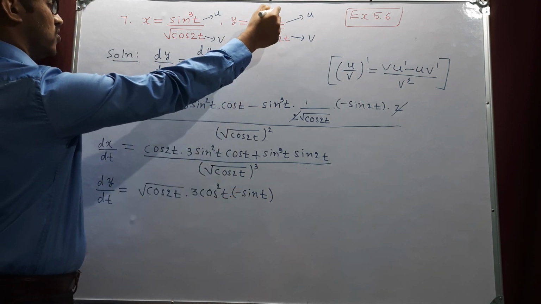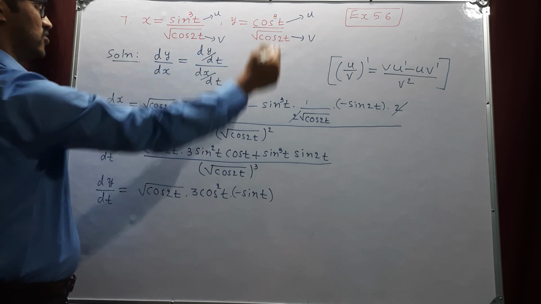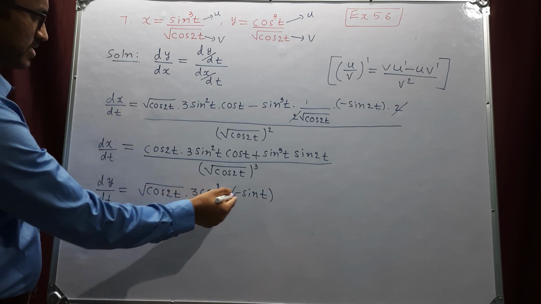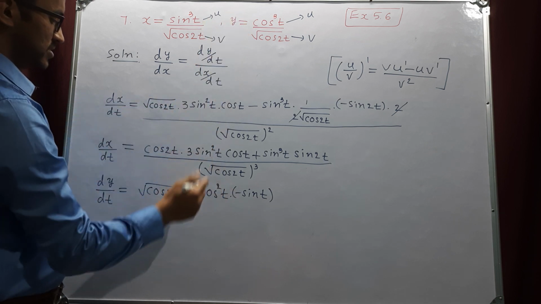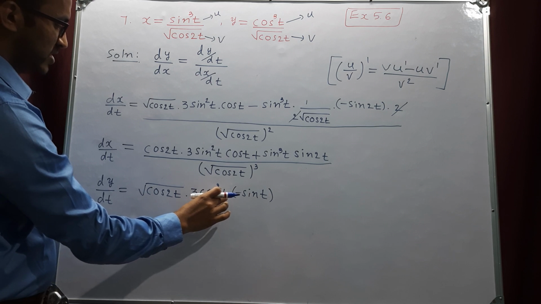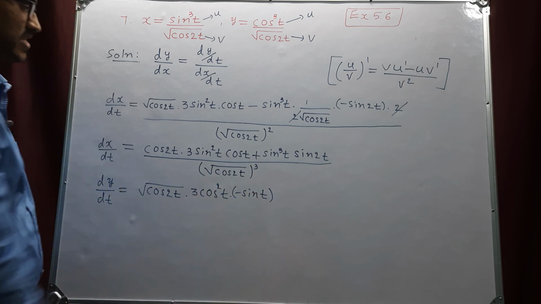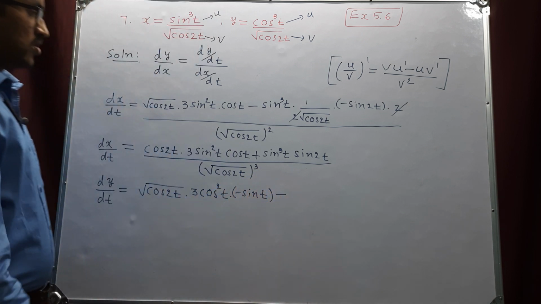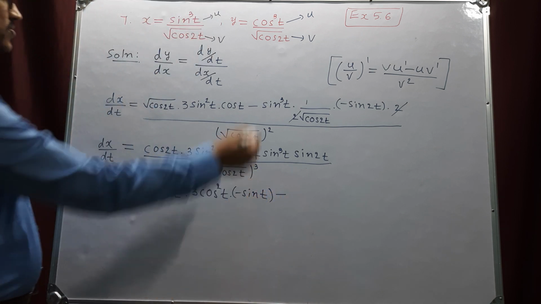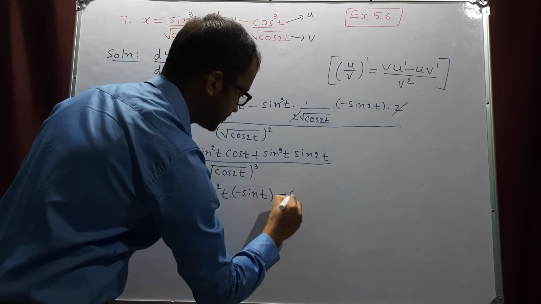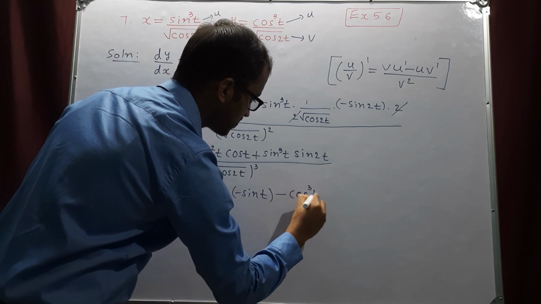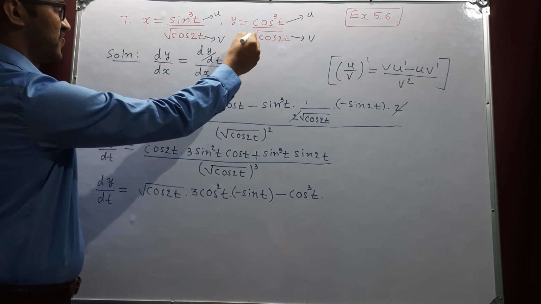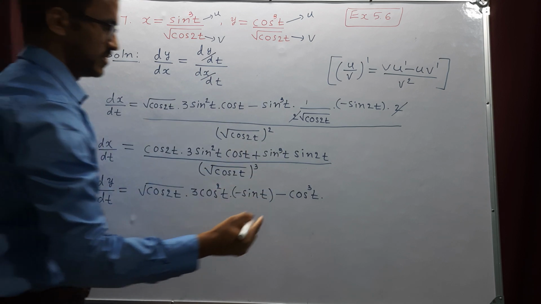So we are applying the chain rule. Cos t whole cube: the derivative of x cube becomes 3 times x square, so that is 3 times cos square t, again the derivative of cos t is minus sin t. Minus u into v dash. u is cos cube t into v dash, the derivative of root of cos 2t.